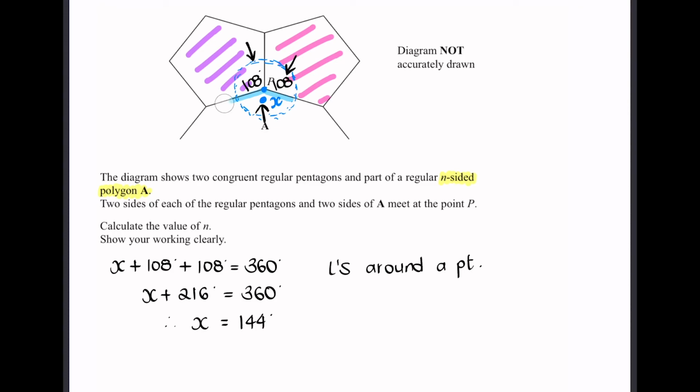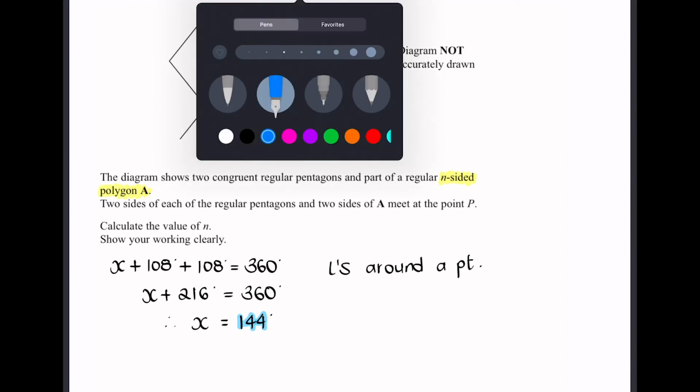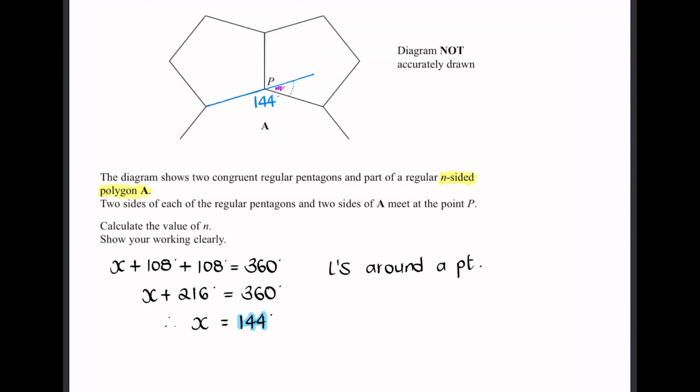Now, if I erase my diagram, I would therefore be able to put this 144 degrees onto my diagram. If I were to extend this line of the unknown polygon, then that means that I would be creating this angle over here, which is the exterior angle.